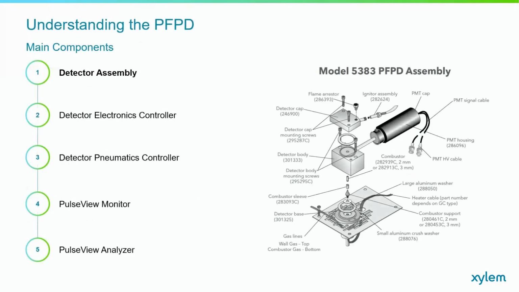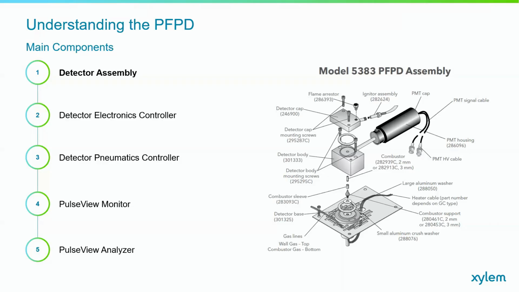Now we can go into specifically the components of a PFPD and everything that should arrive when you order one. First, it's important to break out the detector assembly itself. This is what was pictured on the very first slide, the two detectors themselves. This is everything that's inside of the PFPD. So we've got the base assembly. You have connection ports for your gases and for your electronics.